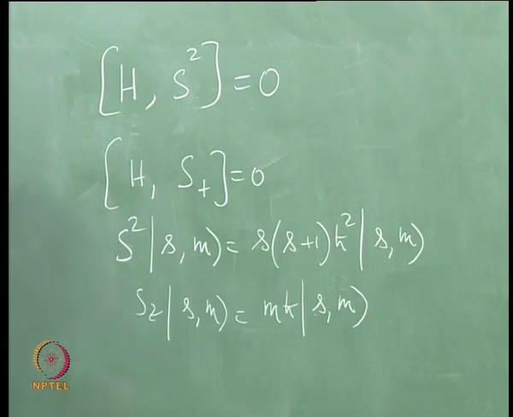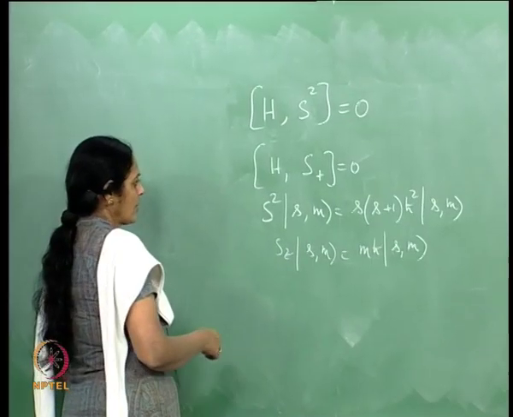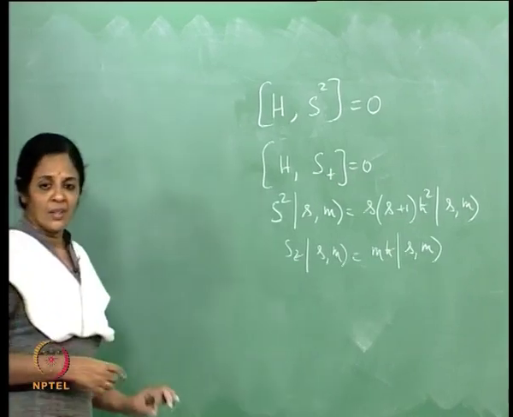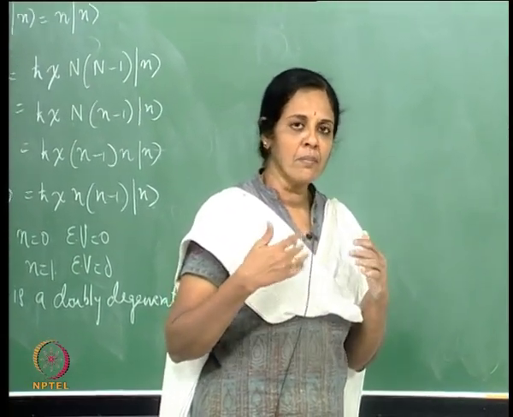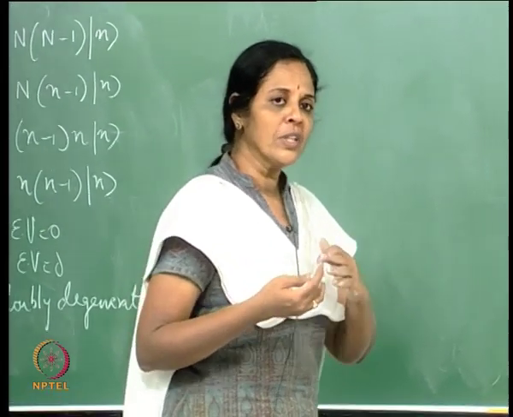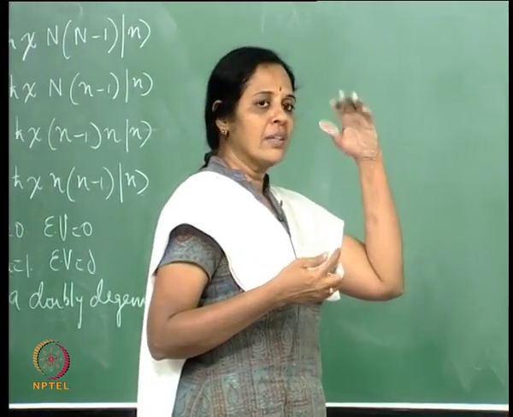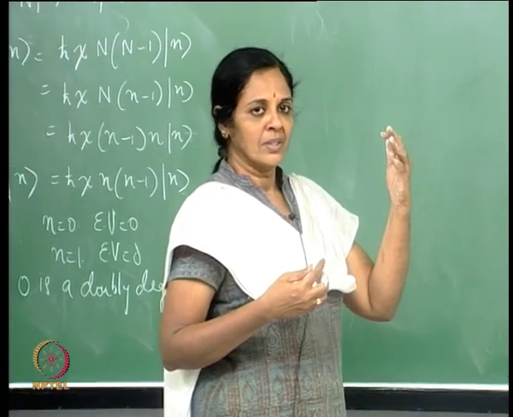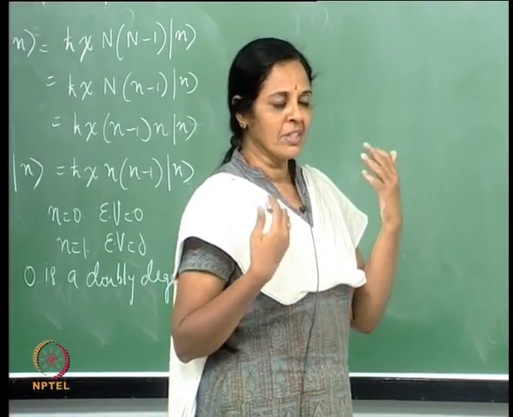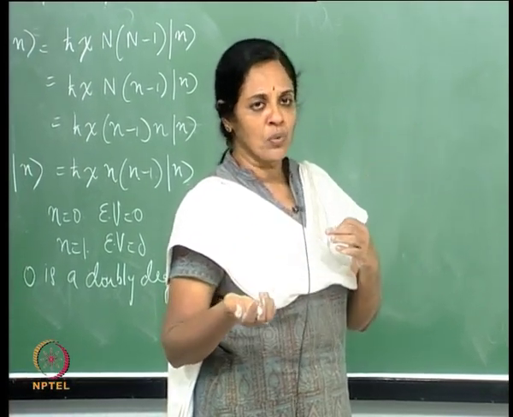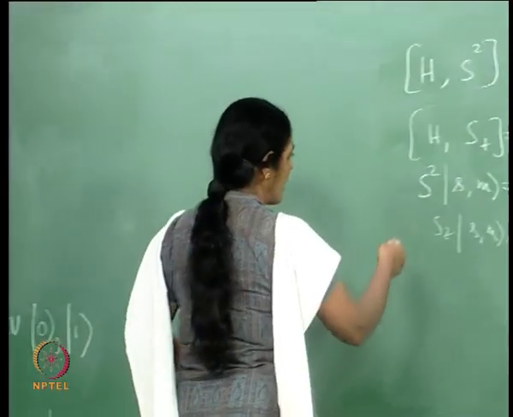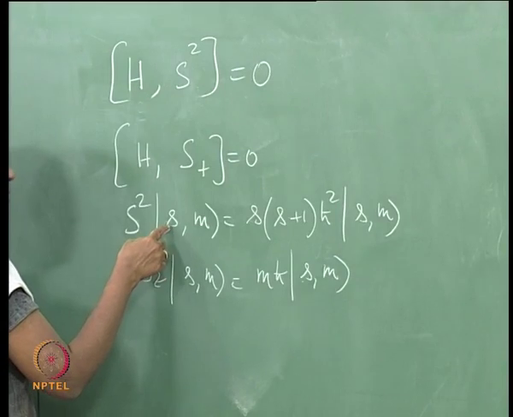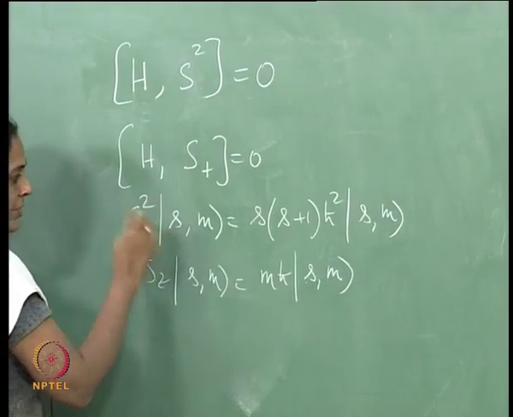Now, in this picture, I want to show that an object with a given spin has the same mass independent of whether it exists in the state m, the third component having a value m, or a value m plus 1 or m plus 2 or m minus 1, independent of the value of m, provided the spin of the object is given to me.